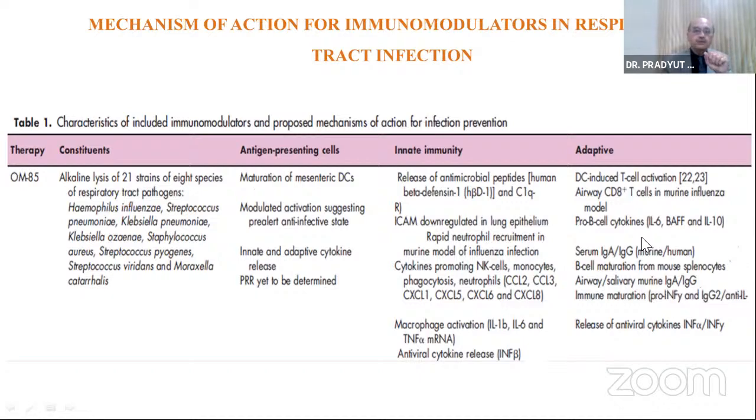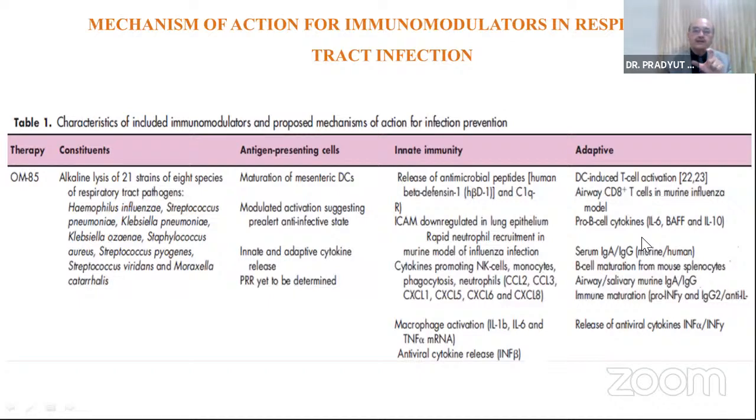So what they do is they cause maturation of the dendritic cells, and they stimulate both innate and adaptive cytokine release. When you come to innate immunity, this OM85, which is an immunomodulator, helps in the release of antimicrobial peptides, number one.